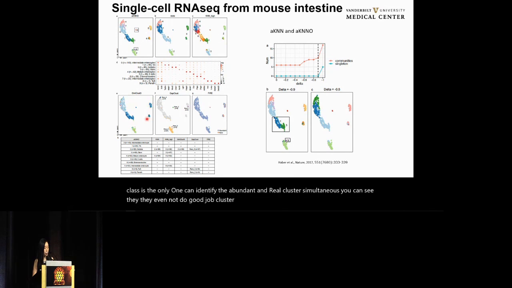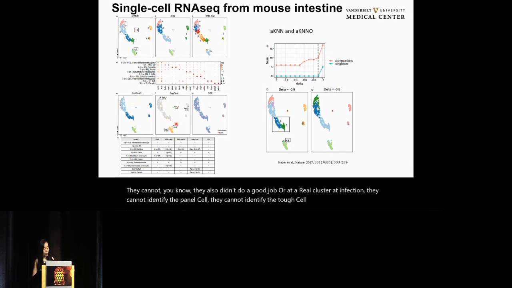They cannot separate these 2. They cannot separate all kinds of enterocytes, for example, stem cell, the transit amplifying cell, and those intermediate and the mature enterocytes. They also didn't do a good job at rare cluster identification. They cannot identify the Paneth cell. They cannot identify the tuft cell.